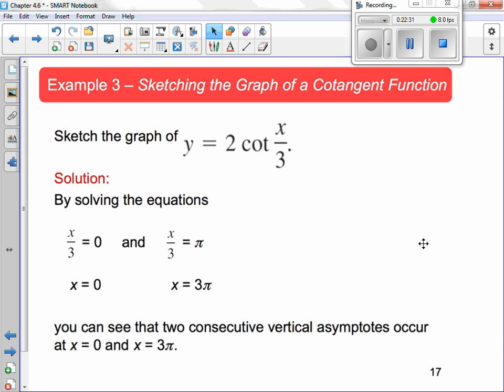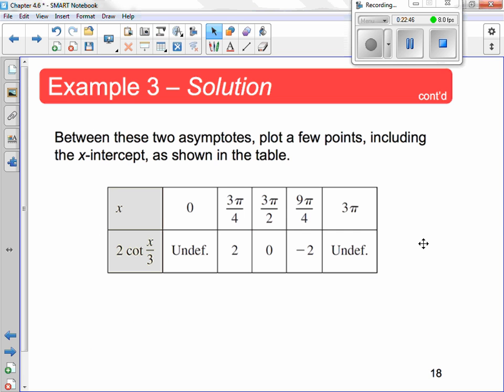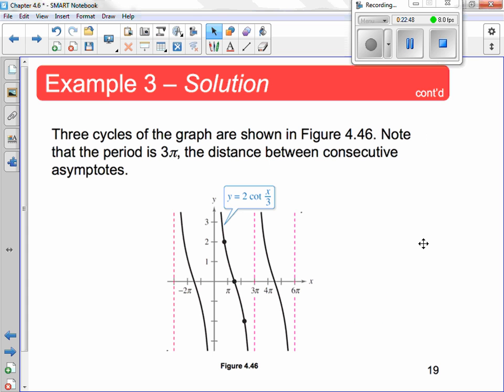Now this starts at 0 and goes to pi, so we set it equal to 0 and pi and solve and find out one of the endpoints is at 0, the other endpoint's at 3 pi, because again, we said the period was 3 pi. Find our points, and then we can graph it. And as you notice, this one here is a little bit more stretched out than our original one, but that's it.